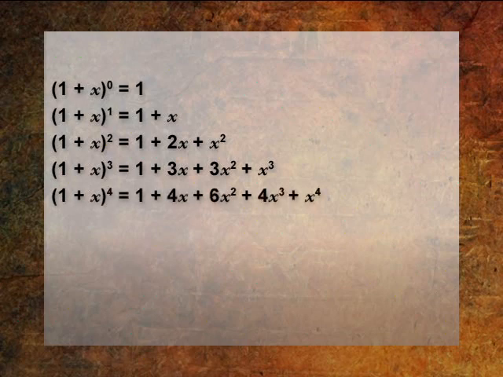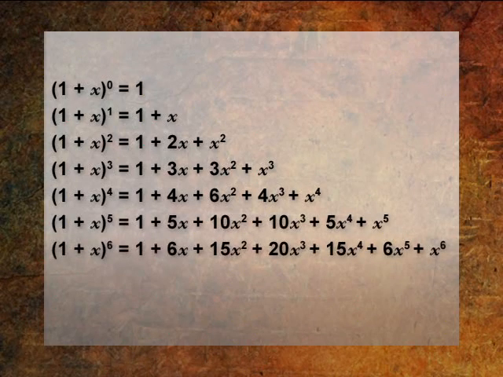And if I multiply that by itself, I get 1 plus 4x plus 6x squared plus 4x cubed plus x to the fourth. And if you look at those coefficients, those are exactly the numbers in Pascal's triangle. And so what Pascal's triangle does is it gives you an easy way of remembering or finding the coefficients as you take 1 plus x and take progressive powers of it.